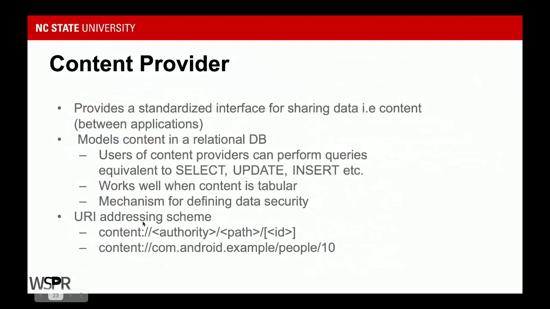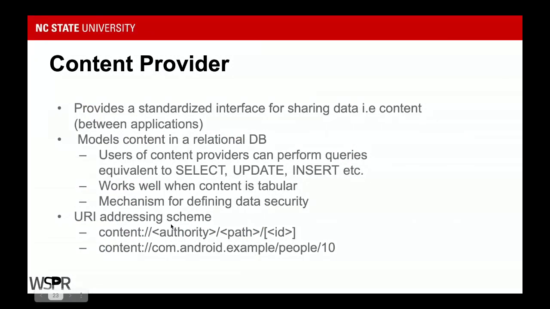Now, I want some other application to access the same content. Without providing that application my database table schema or the table names, I can provide this content provider URL for that application to access the content of my database.